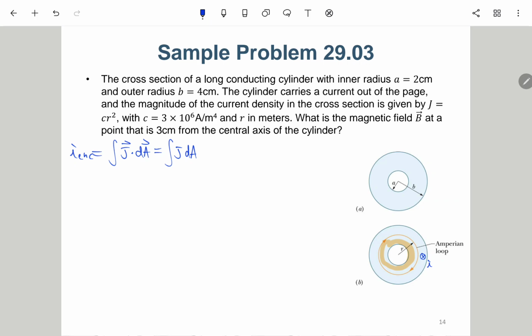In that way we can plug in J to be C r squared here. Integration of C r squared, and then dA. I don't know whether you still remember, dA for polar coordinate will be r dr d theta. So we have a double integral. For dr, we don't integrate from 0 to r.